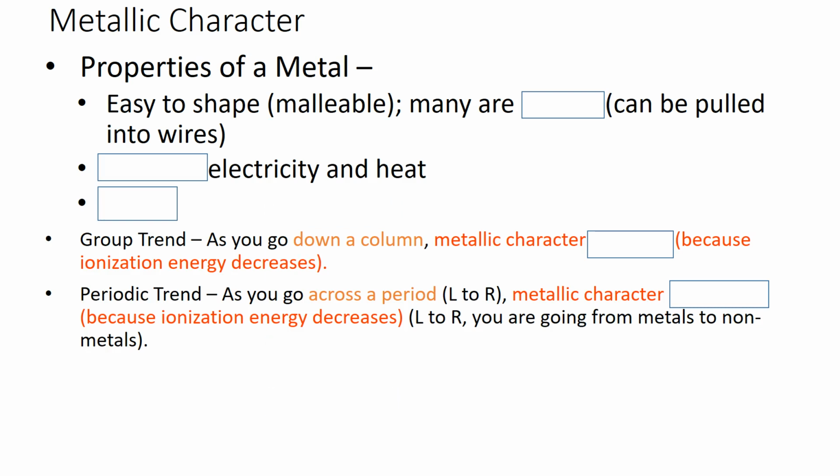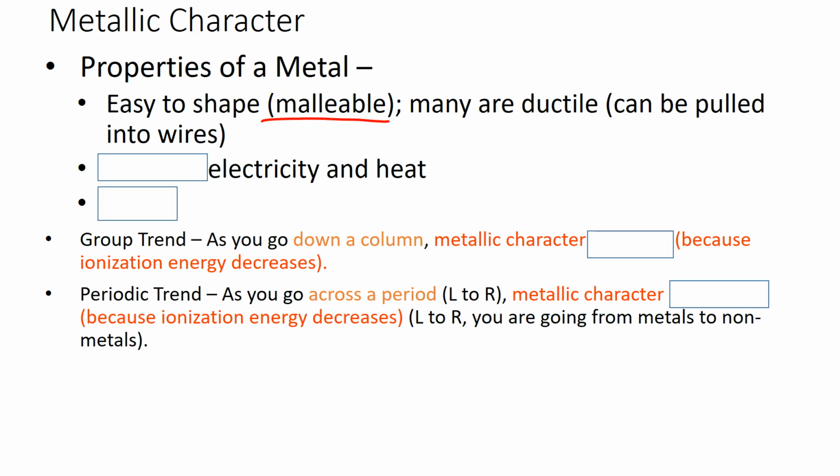The term that we use for easy to mold and form into shapes is that metal is malleable. Basically it means that we can take a hammer and beat it and bend it into a certain shape. That's what blacksmithing is all about. And the other thing we can do with metal is flatten it out into sheets.